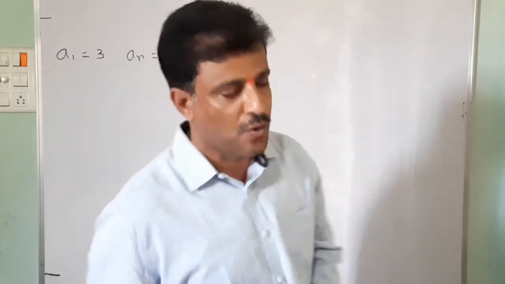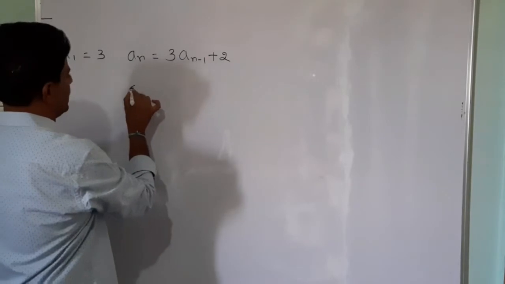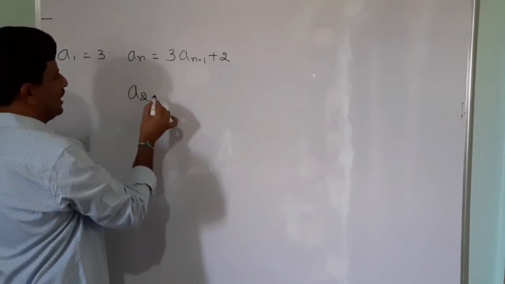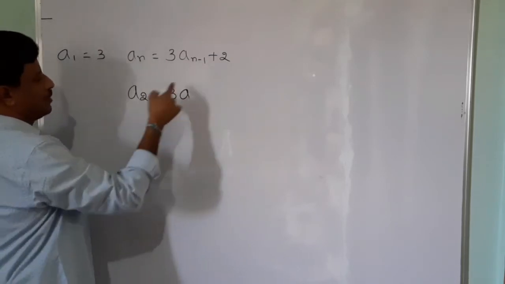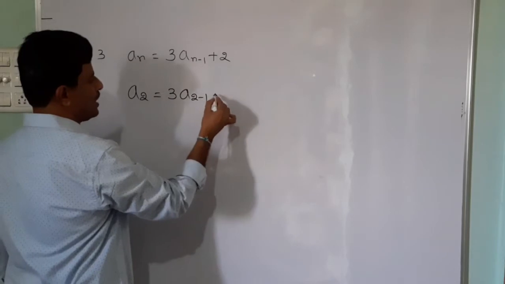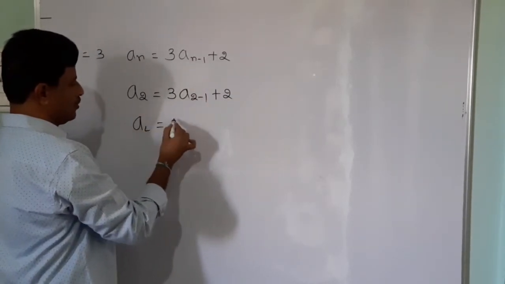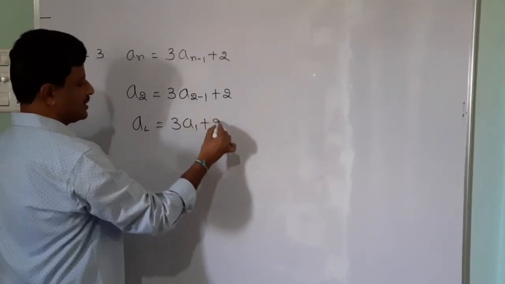First you should find a_2. Put n equal to 2: a_2 is equal to 3 into a_(2 minus 1) plus 2. So a_2 is 3 into a_1 plus 2.